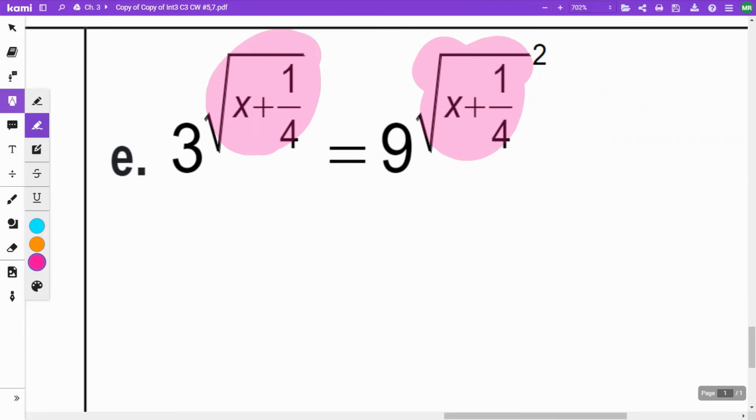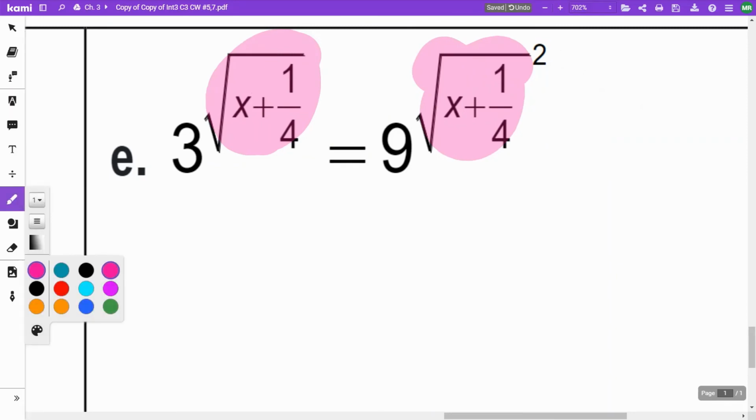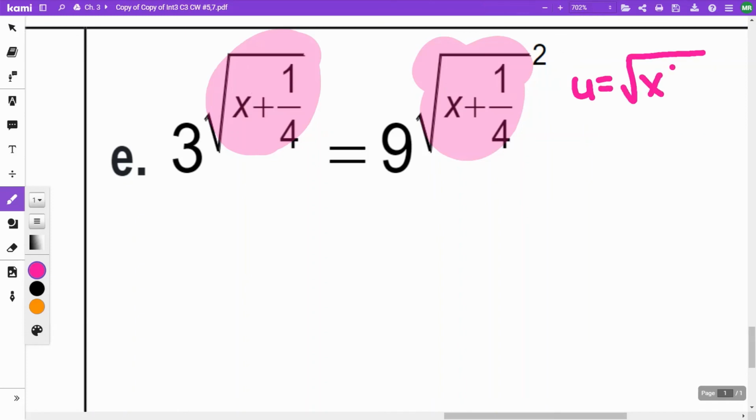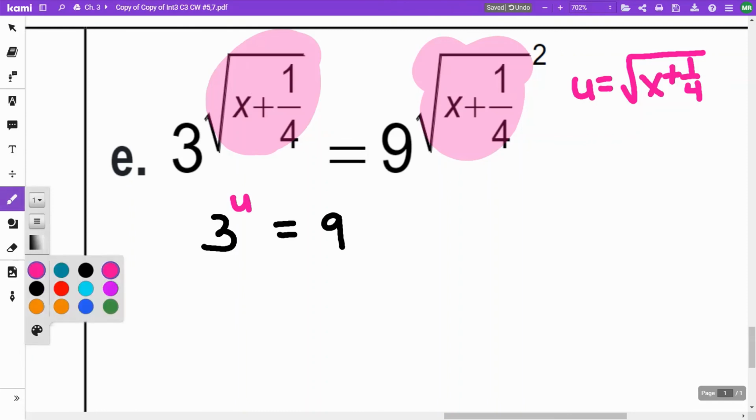So what I'm going to do is, again, let u equal the square root of x plus 1/4. So I'm going to rewrite this as 3 to the u, and on the other side, 9, and that's going to be a u squared because of the square right there.